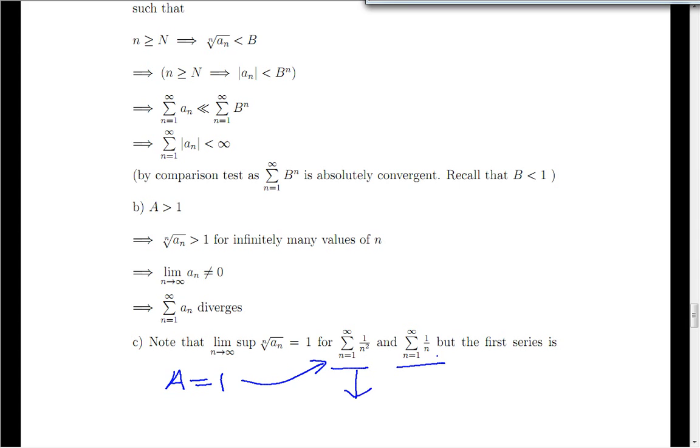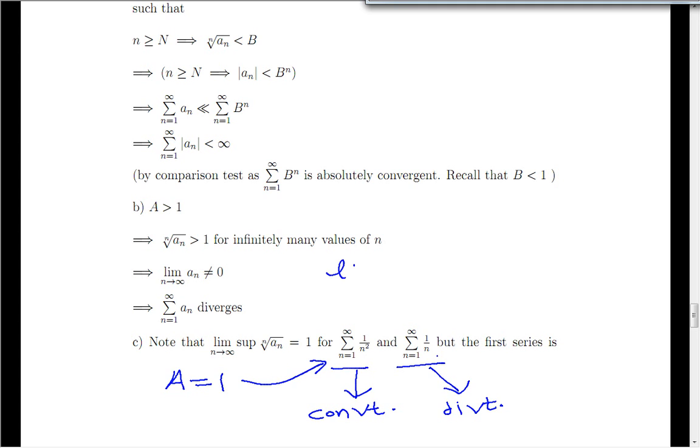This series is a p series with p equal to 2, which is greater than 1, so it is convergent, and we know that harmonic series is divergent. So when A is equal to 1, one series is convergent and other is divergent. So test cannot be applied because it may converge or diverge when A is equal to 1. This was the root test.